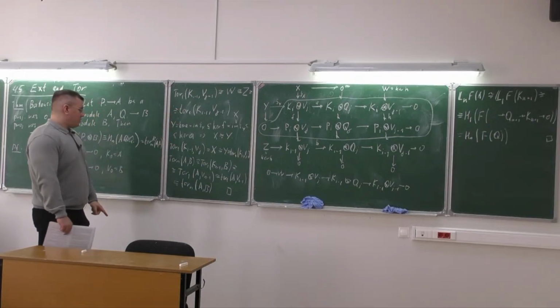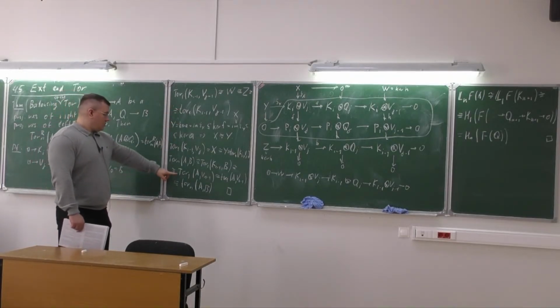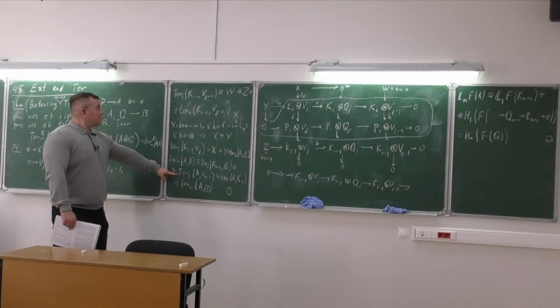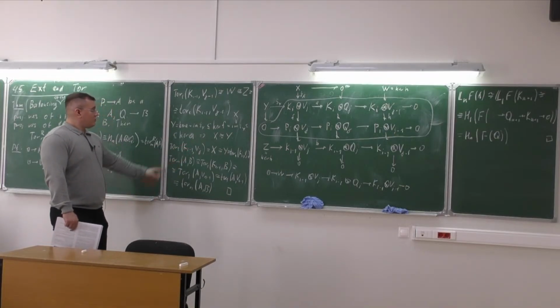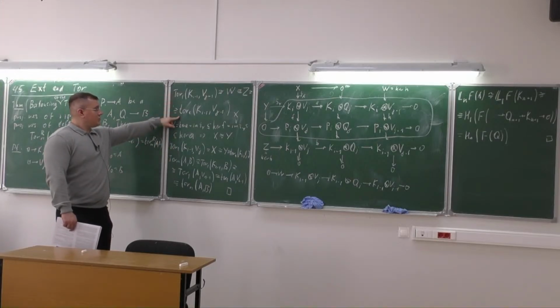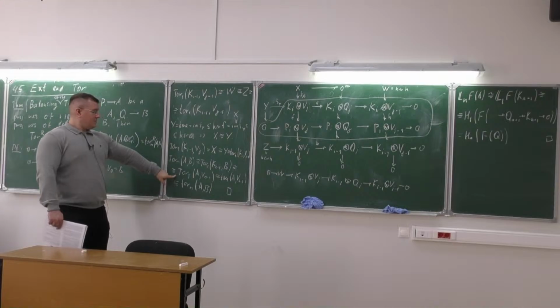So in the next computation, which I do here, I use the previous computation where I can move this minus 1 from the first argument to the second argument, and I also know when the index is 1, there is no difference between Tor and Tor with a little t. So hence I get this.